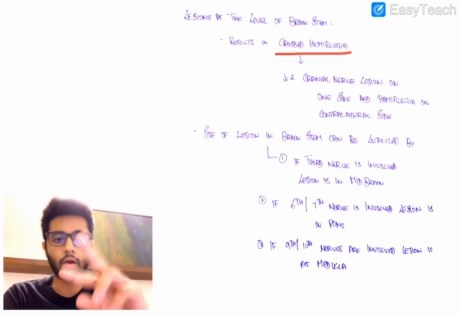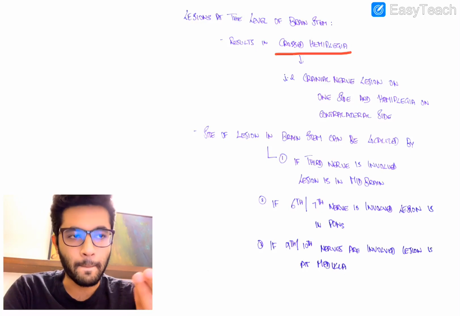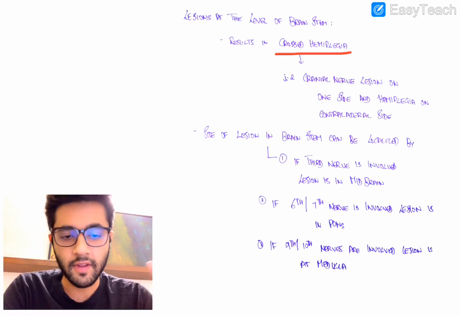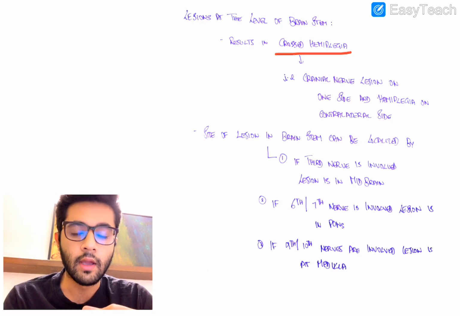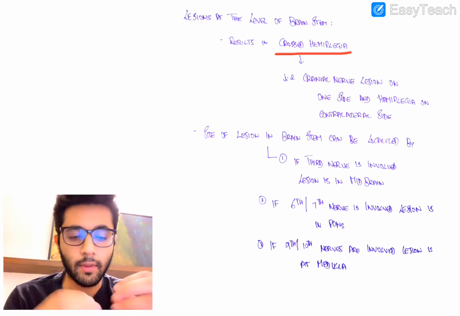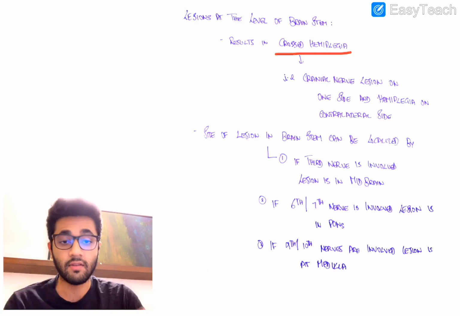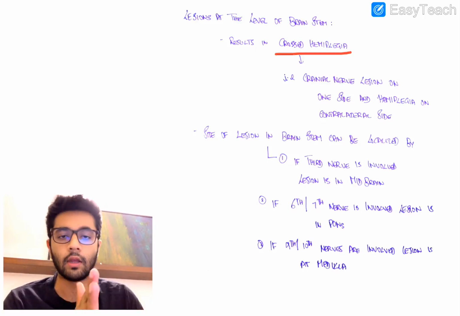It presents with a crossed hemiplegia, and it not only involves the facial nerve, like I said, because the brainstem has a lot of other cranial nerve nuclei, they could also be involved. But whichever cranial nerve is involved, it will be opposite to the weakness.